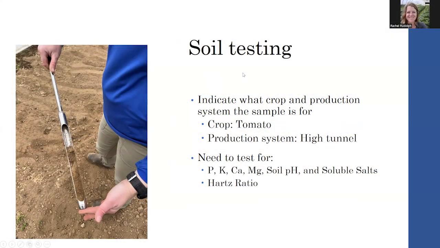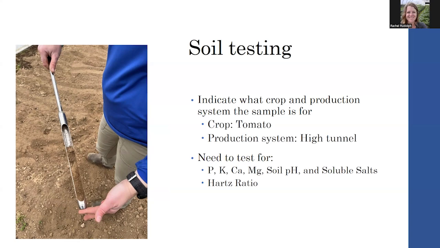Okay, so you have your soil sample and now you need to submit it for testing. You want to be sure to indicate what crop and production system the sample is for. So for the University of Kentucky Regulatory Services, the lab that does our soil testing, there's a spot on there that you can indicate the crop, such as tomato, and the production system, such as high tunnel.